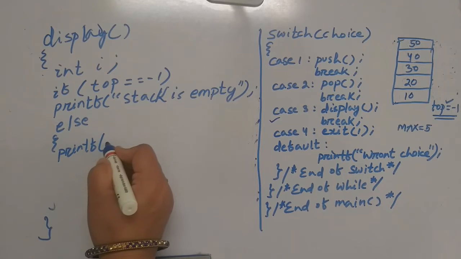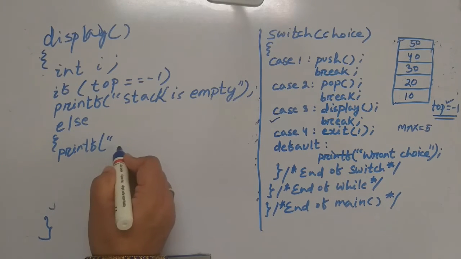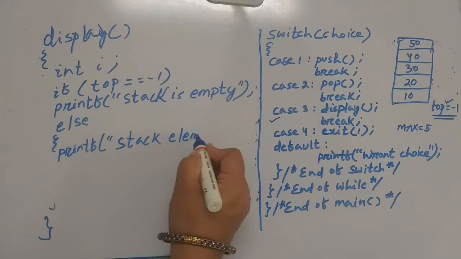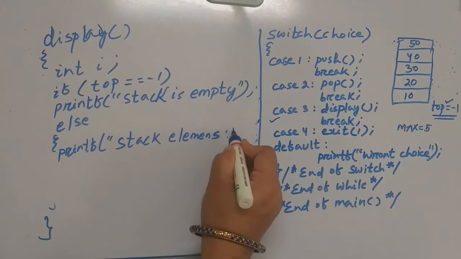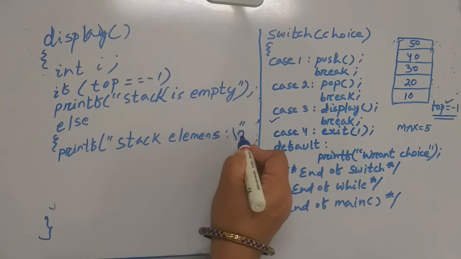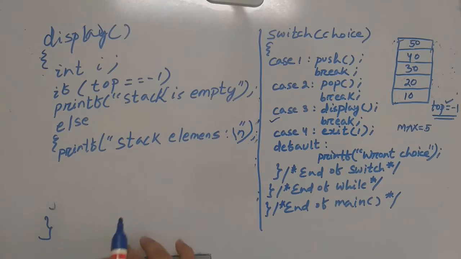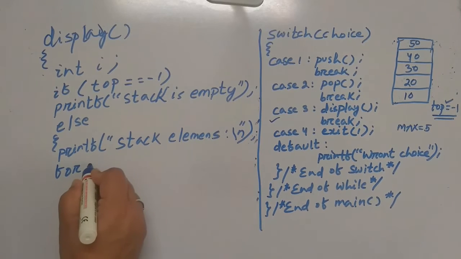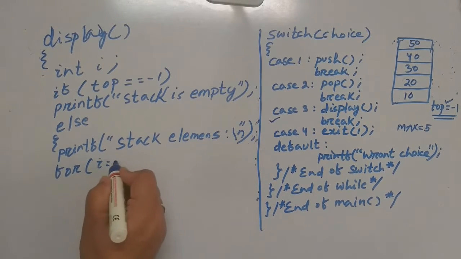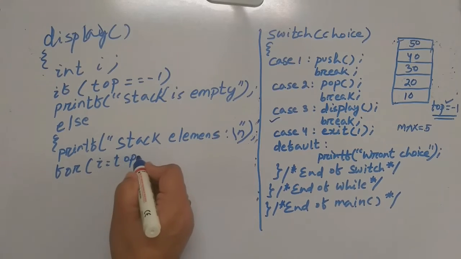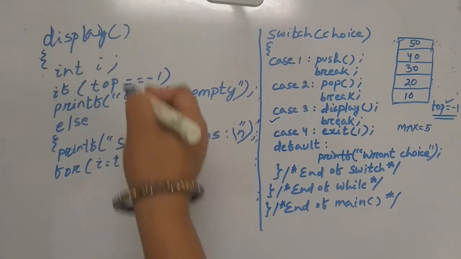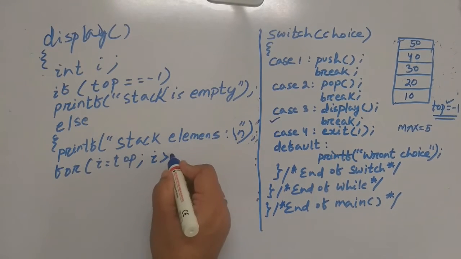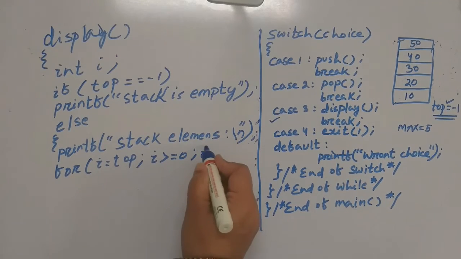Printf stack elements. So here I am writing one for loop: for I equal to top, I greater than or equal to 0, I minus minus.